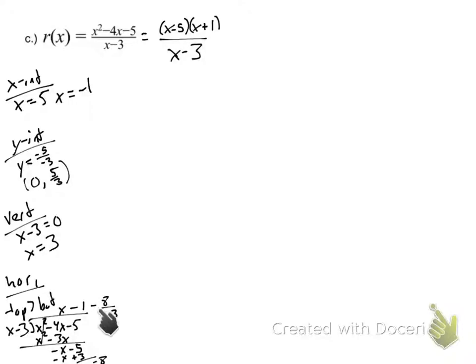I could care less what this is, because the bigger the value of x, the less important it becomes. So actually, y equals x minus 1, which is just the quotient, has the biggest impact on the graph. That right there, y equals x minus 1, is your oblique or slant asymptote. You need to graph that line as your asymptote.